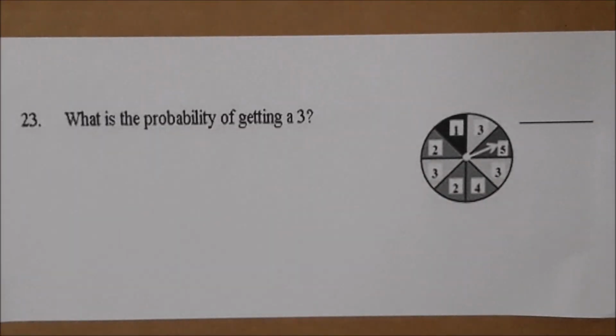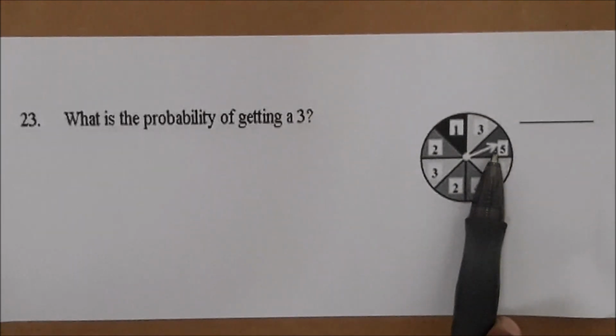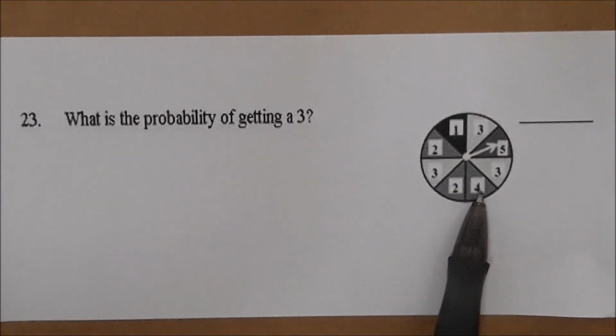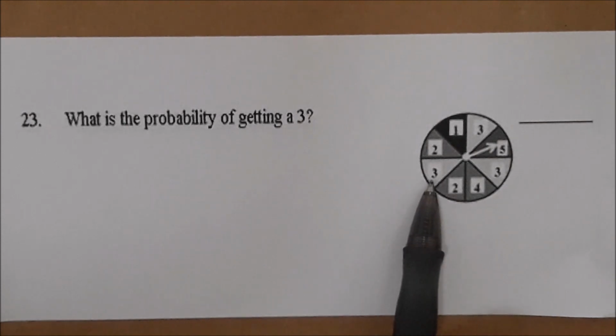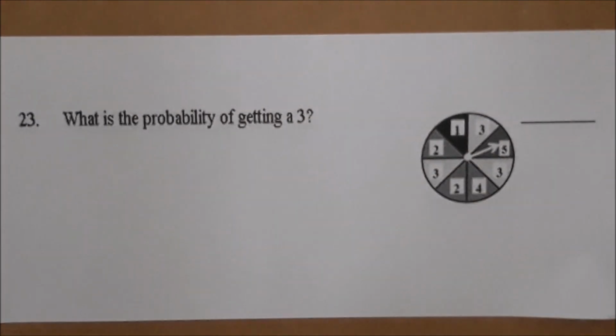Number 23. What is the probability of getting a 3? You have a spinner with numbers on it. Point to the numbers on the spinner and call them. 1, 3, 5, 3, 4, 2, 3, 2, and 1. Okay, so I want your answer as a fraction.